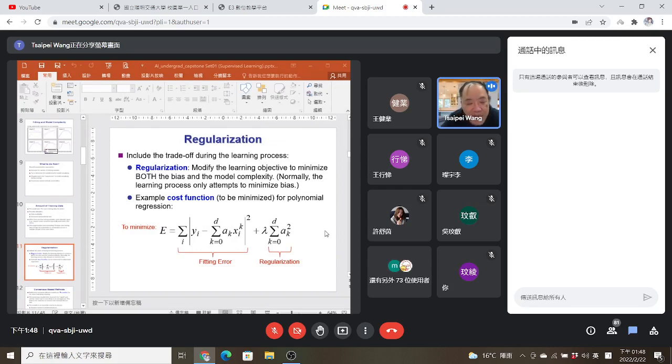Another very common one is L1 regularization. In L1 regularization, the squared term is replaced with the absolute value. They both can suppress complexity, but have somewhat different characteristics.